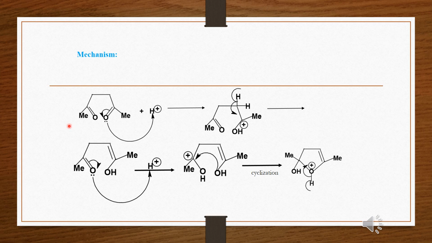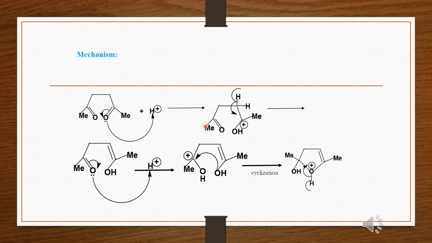The whole system is surrounded by acid, and acid donates proton. So this oxygen will take protons because it has a lone pair of electrons. And as this bond is broken, this carbon will have a positive charge.